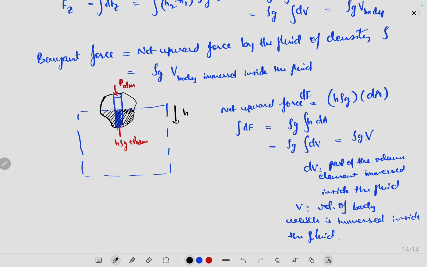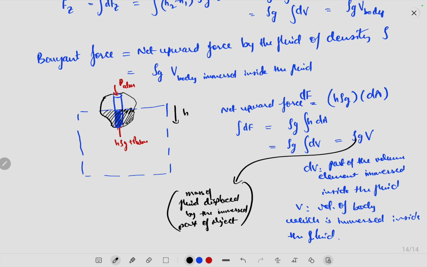So this rho g times V can also be written as the mass of fluid displaced by the immersed part of the object times gravity, or this mass times gravity is the weight.